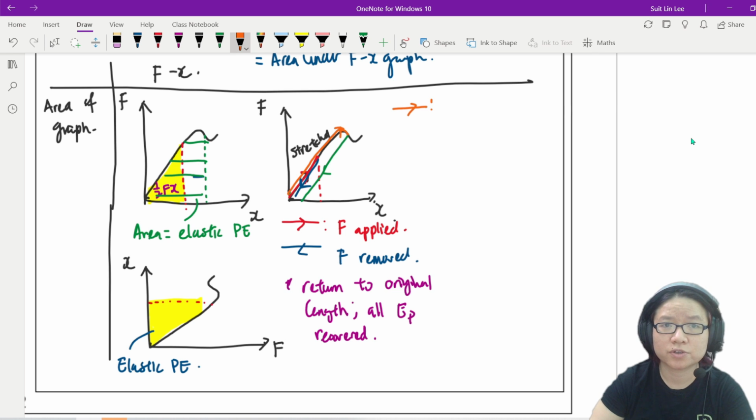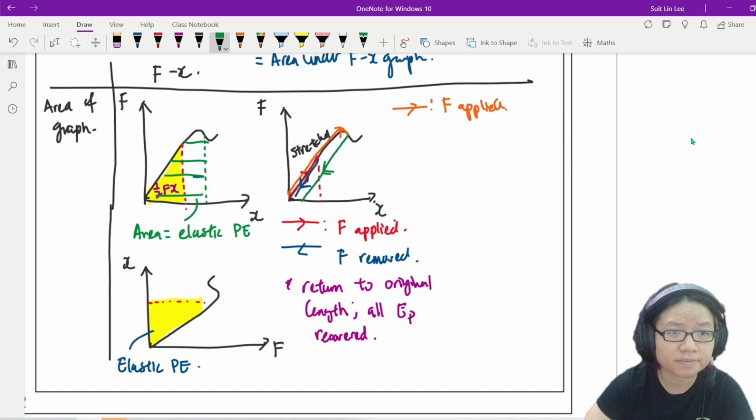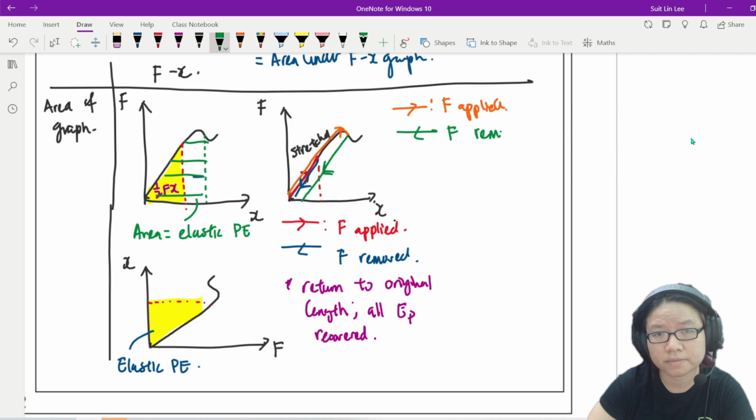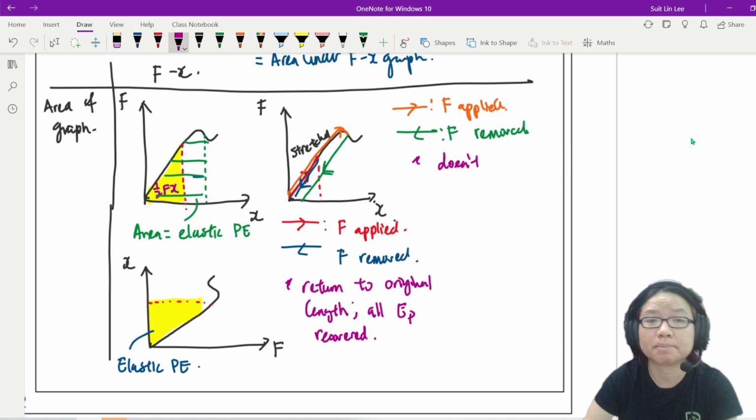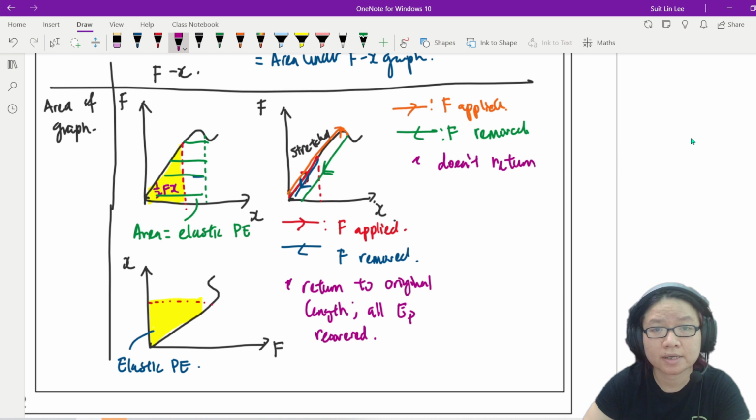In this case, if this is your force applied and you return back on this line, your material doesn't return to original length, because you exceed your elastic limit.